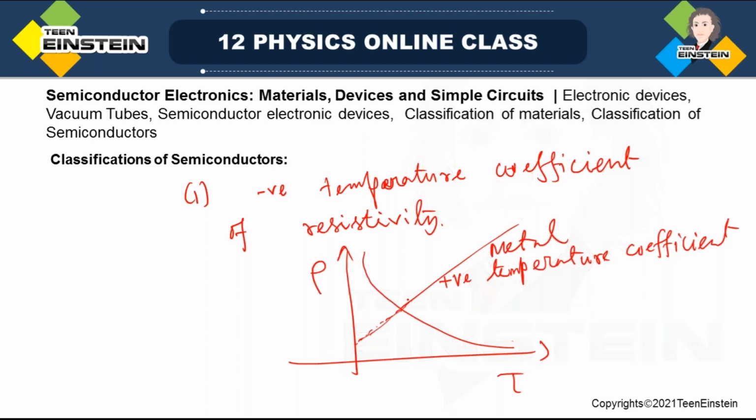And for insulator also the same thing. Insulator also resistivity decreases a little bit, but for semiconductor it has negative temperature coefficient of resistivity. Okay, so that is the main point over here.